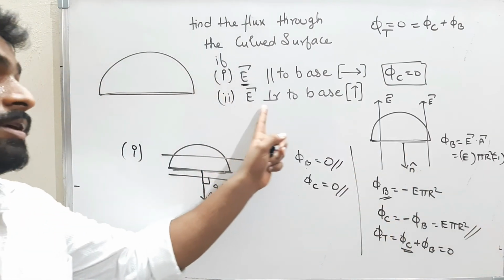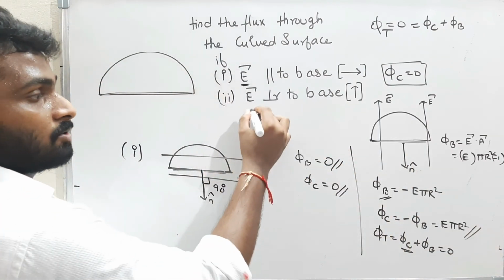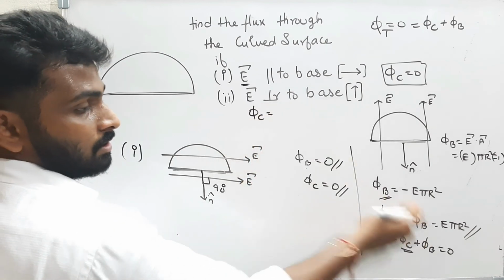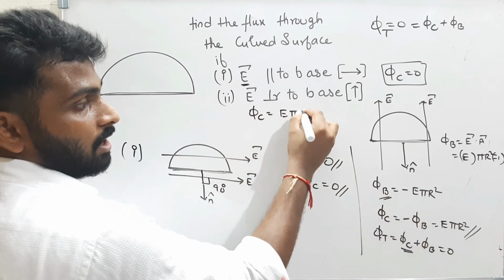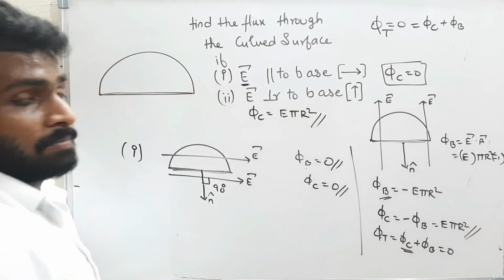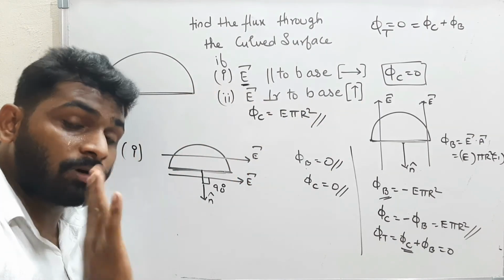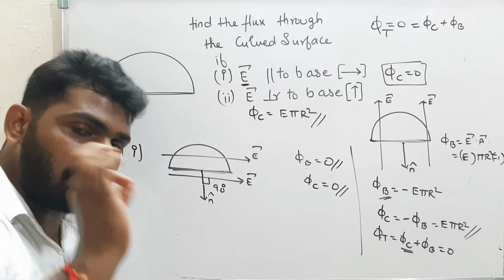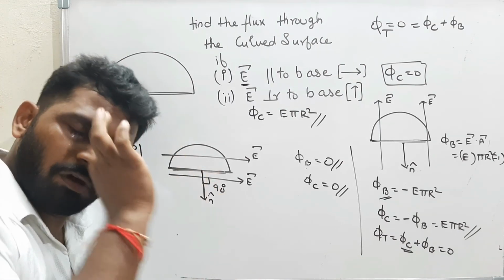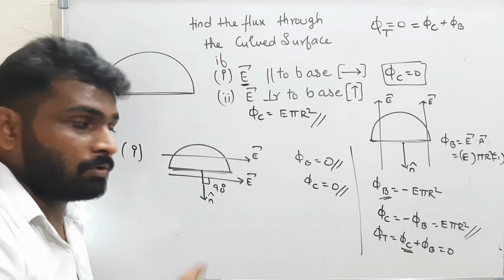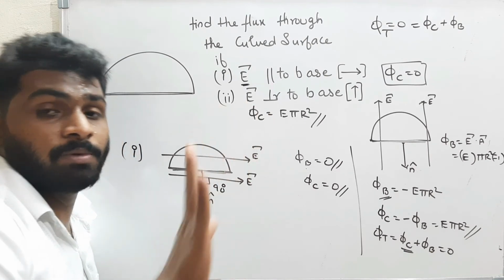Therefore, if the electric field is perpendicular to the base, then the flux through the curved surface area is E pi r square. Very, very logical things. Unless you imagine, you won't get the answers. Angles are very important. If you make any mistake in the angles, the whole answer will be wrong.